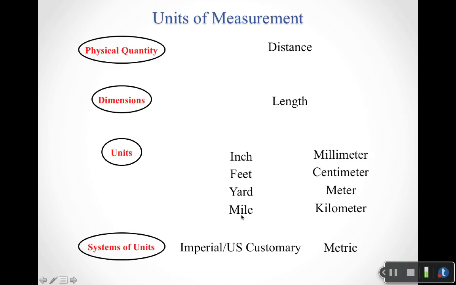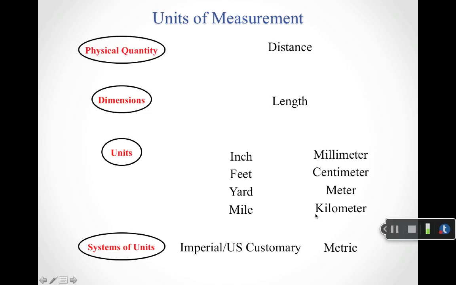So what we care about then is what system of units we are using. And here what you see is there are two basic systems that we're using to describe length. The inch, feet, yard, and mile are all imperial, US customary, British, English; all of those are saying the same thing.